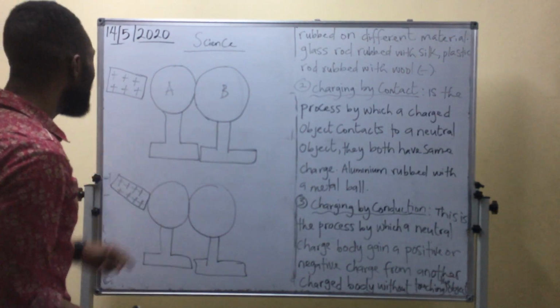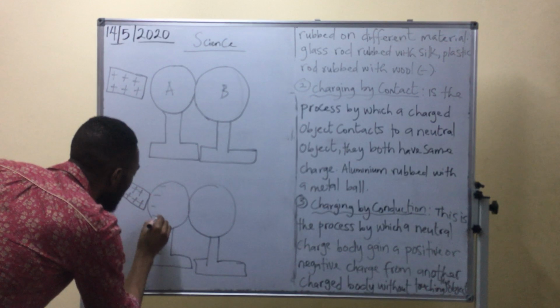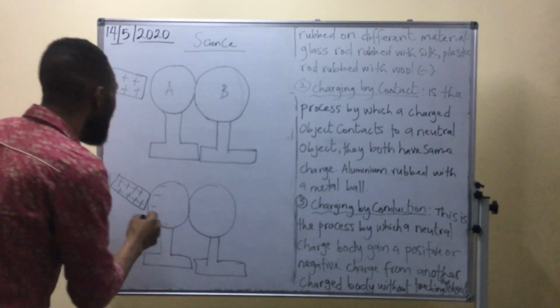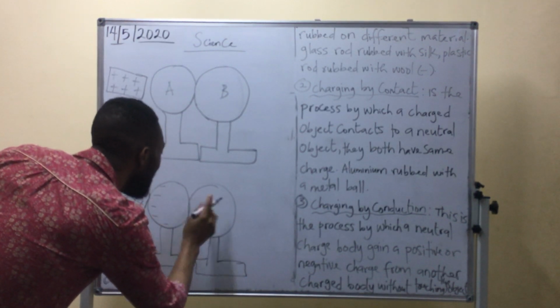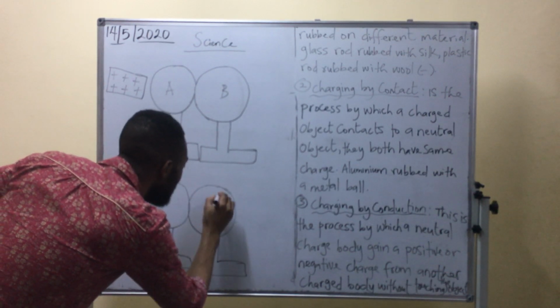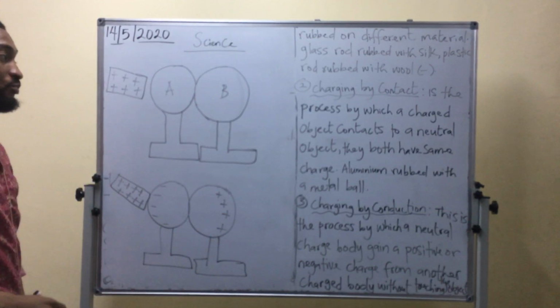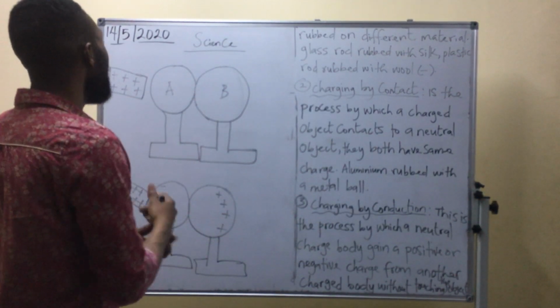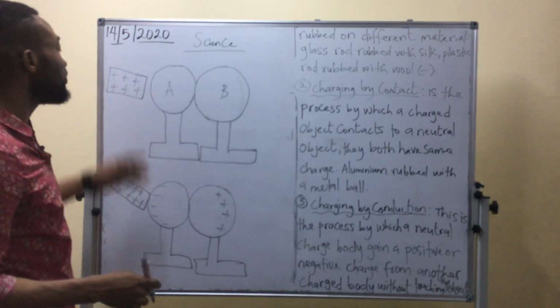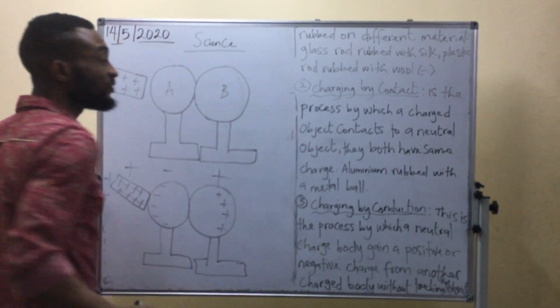The first metal ball will acquire a negative charge, while the second metal ball will acquire a positive charge. If you look here, we have plus, minus, then plus.